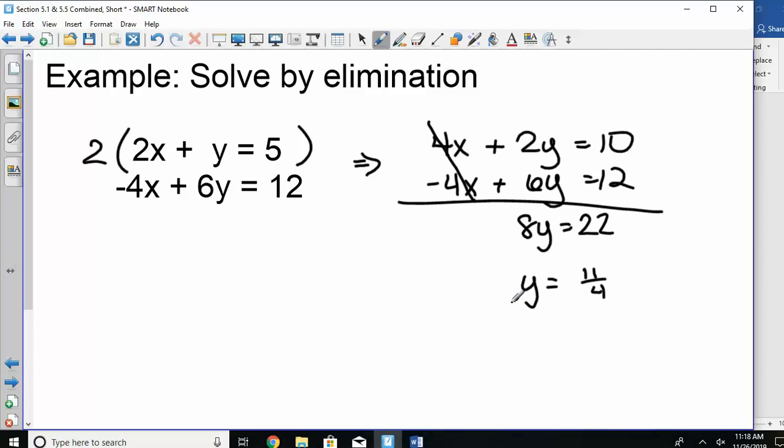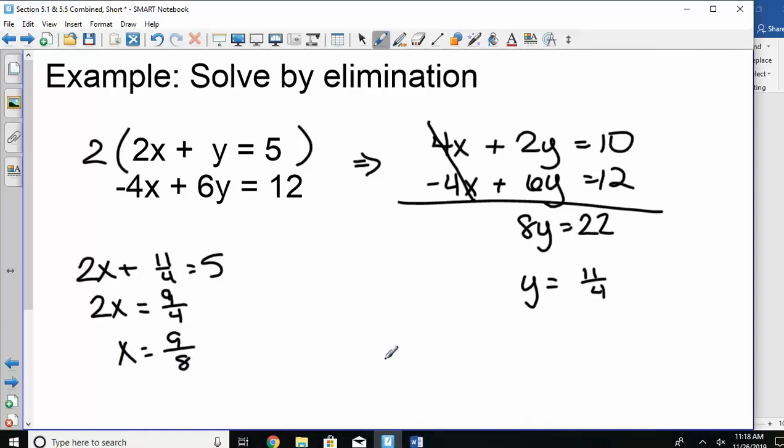Now I have to find my x. So you need to go back and plug that into one of the two original equations. Which one do you prefer? Okay. So if I subtract that 11/4 over, divide by 2, I get 9 over 8, or 1.125.